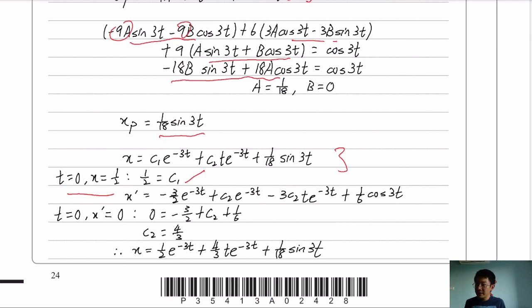The next step is to differentiate this one time to get x prime, in order for us to apply the other set of values, where x prime is also 0, which gives us c2 is 4/3. So in that case, we can get this solution for x in terms of t.